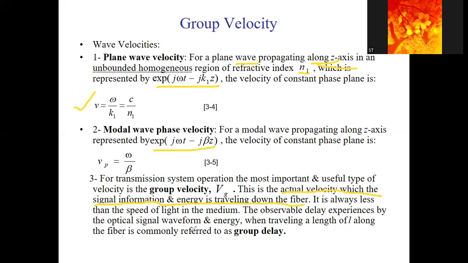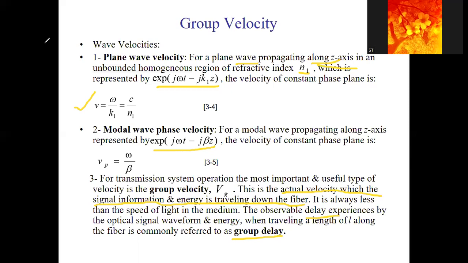In normal conditions, it is always less than the speed of light in that medium. When the wave is traveling inside the optical fiber, we observe some delay, and this delay is known as the group delay.